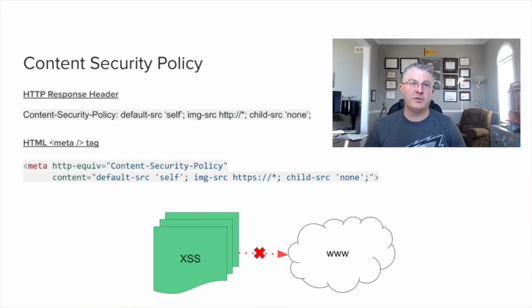Any domain that's not included in this policy will be blocked from sending outbound communication. Going back to our example of the command and control server, you can understand how even if code executes in your browser thanks to a cross-site scripting attack, the outbound communication will be blocked and the attacker can never use that data. It's almost like the cross-site scripting attack never happened.